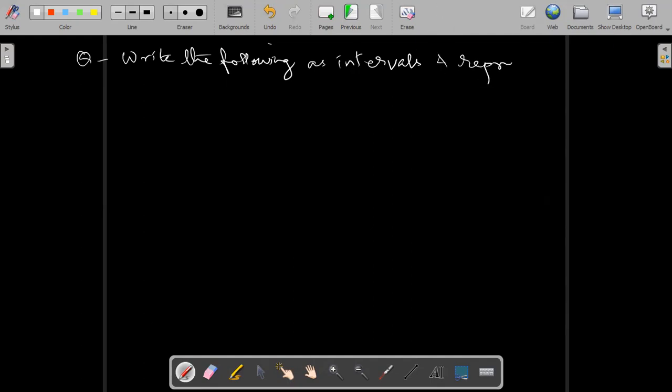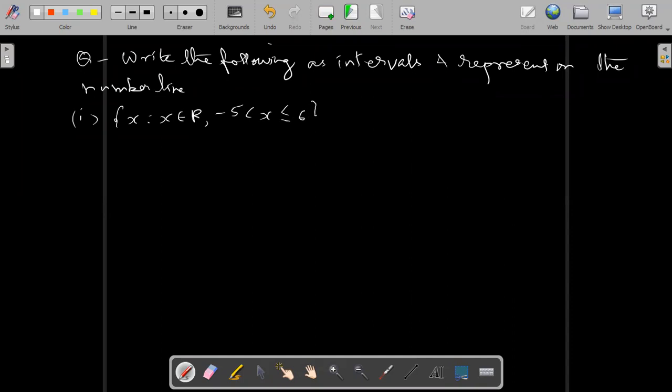It means it is given in the format of a set. First question: the set of all x belonging to real numbers, such that minus 5 is less than x, and x is less than or equal to 6. This we have to write as an interval.